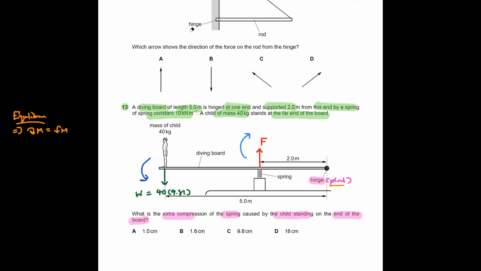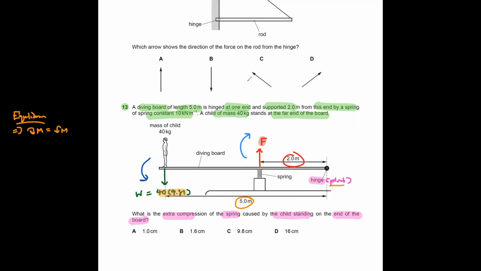If clockwise moment is equal to anti-clockwise moment, before we can proceed, we need to identify the perpendicular distance. For the 40 times 9.81 force, the perpendicular distance is 5 meters. For the spring force, the perpendicular distance is 2 meters.